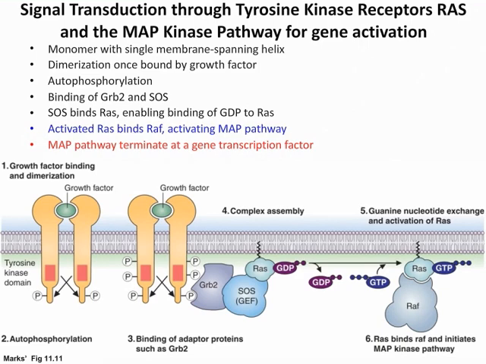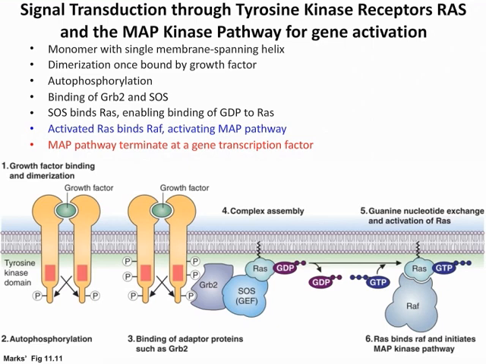As soon as that binding occurs, a conformational change will occur in GRB2, which will open up something called an SH3 domain. So now you need something that has an SH3 domain to bind to GRB2. SOS is a protein with an SH3 domain, so it's going to bind to GRB2, and that's going to cause another conformational change.